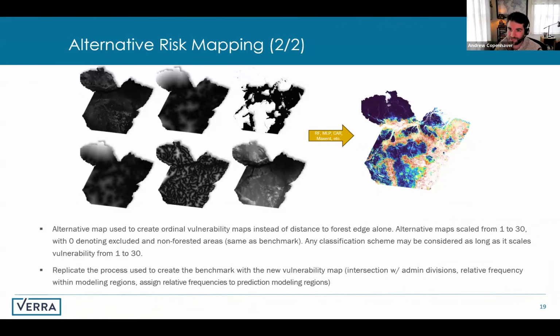Everything else with the modeling regions and the relative frequency and all of that is repeated. And the reason we did this, and we have tested using just the actual direct predictions, but we found that by using it in this way, we actually got stronger predictions. Although we are always, as I said, in the spirit of continuous improvement, happy to be proved wrong.